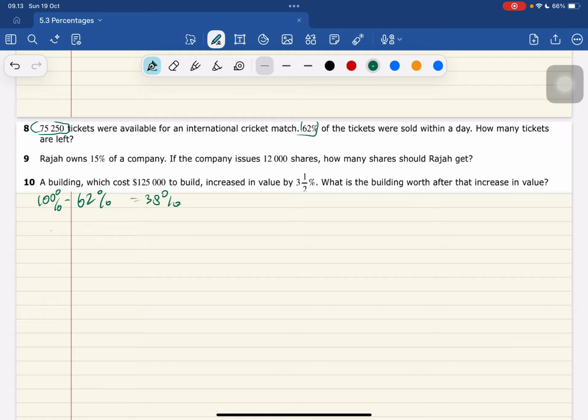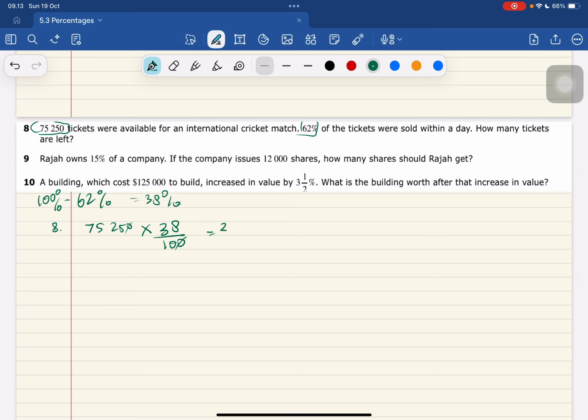So from the total, 75,250, we have to multiply it by 38 over 100. So we simplify it. 7,525, we multiply by 38.